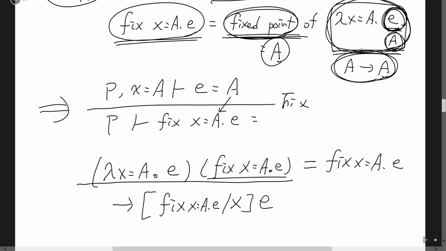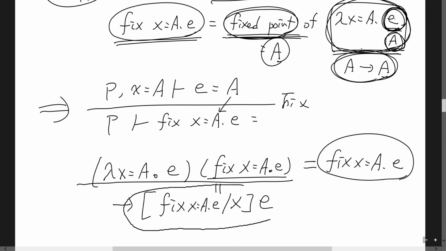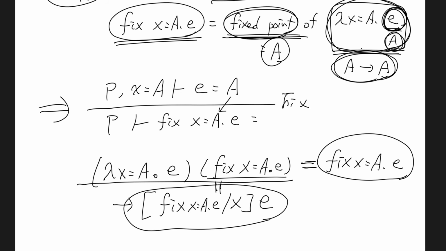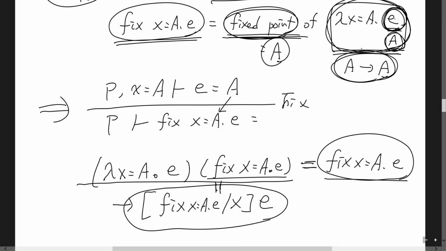So now we have some equality between this fixed point construct and this one. Remember that this is not a formal notion of equality. It is some informal notion of equality that we will not give a precise definition of. All we are saying here is that this one is closely related to this expression.